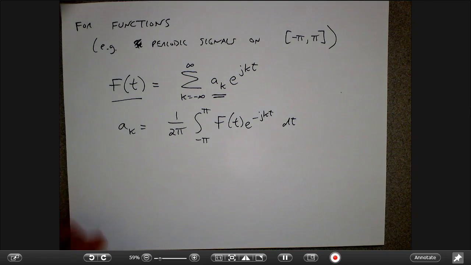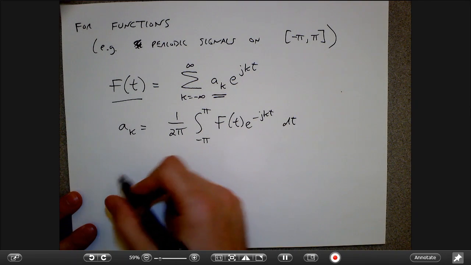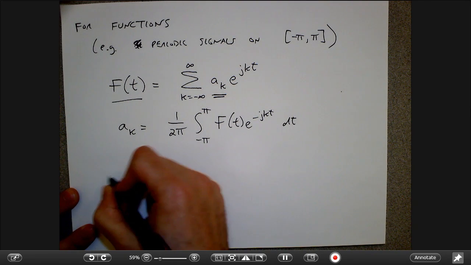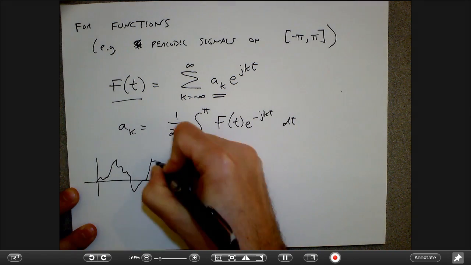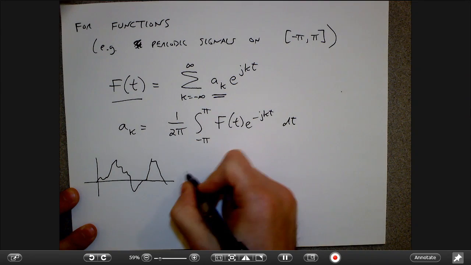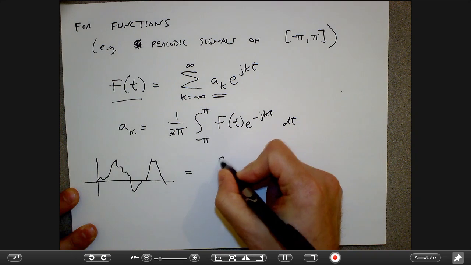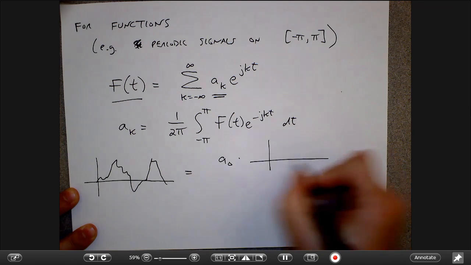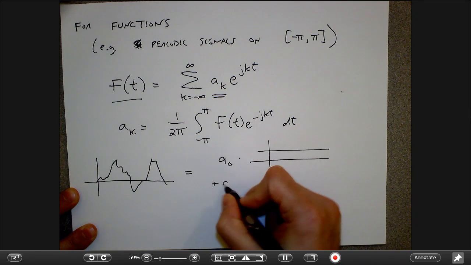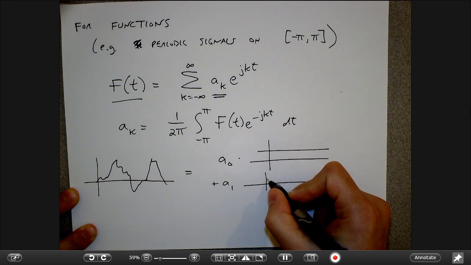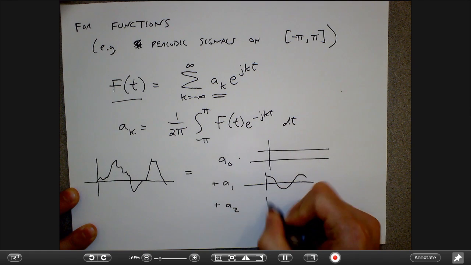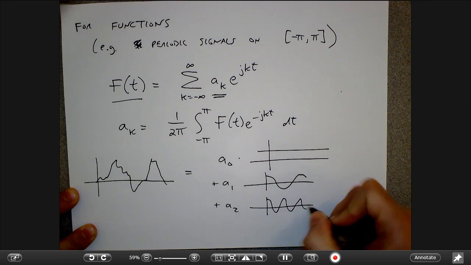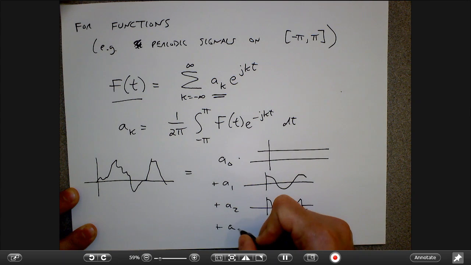Fundamentally, I'm taking the signal, which could be anything as long as it's periodic, and representing it as alpha 0 times the DC coefficient, plus A1 times cosines and sines that vary slowly, plus A2 times cosines and sines that vary more quickly, and so on.